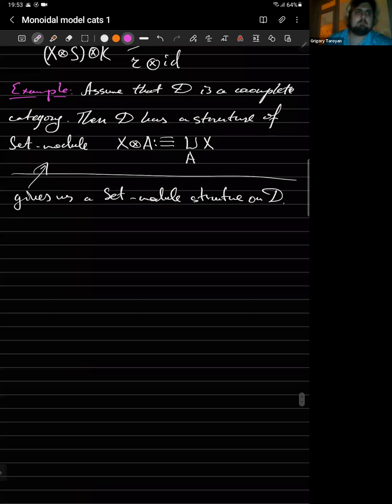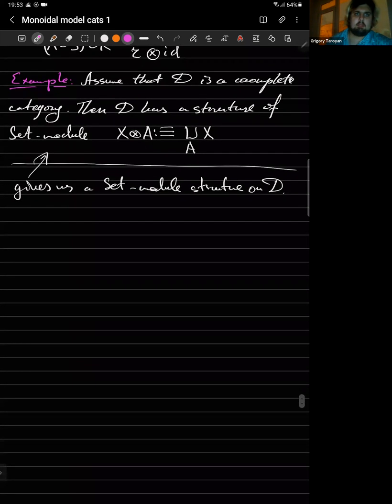Okay. So now we need to define functors between two C modules.